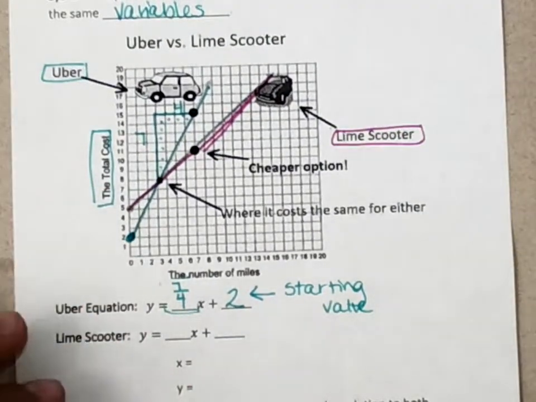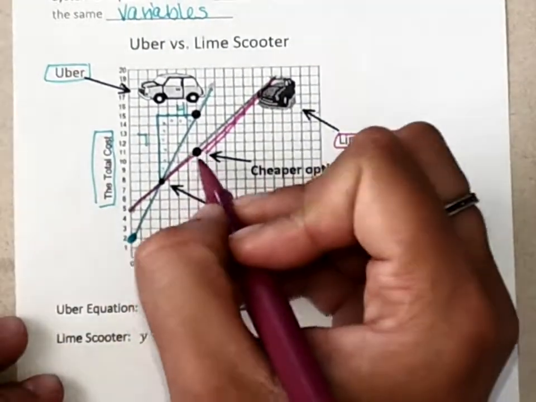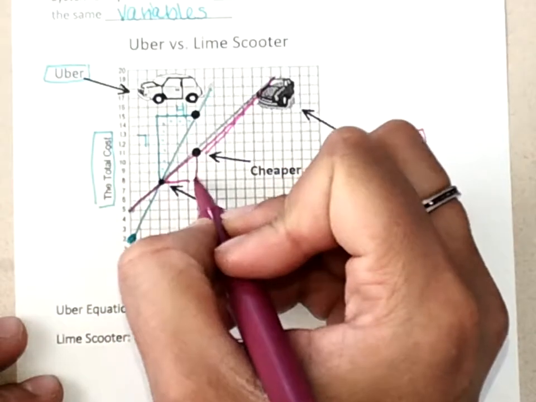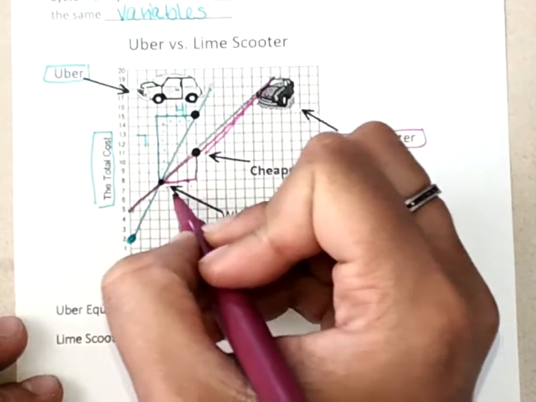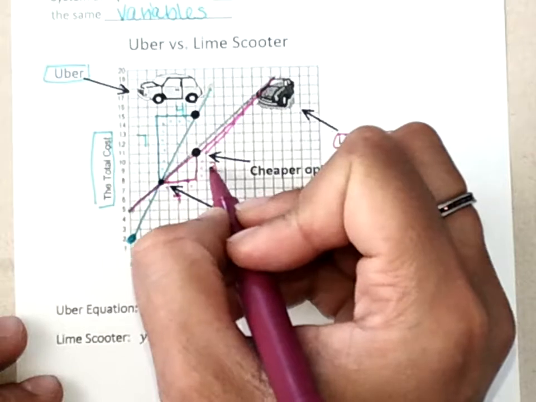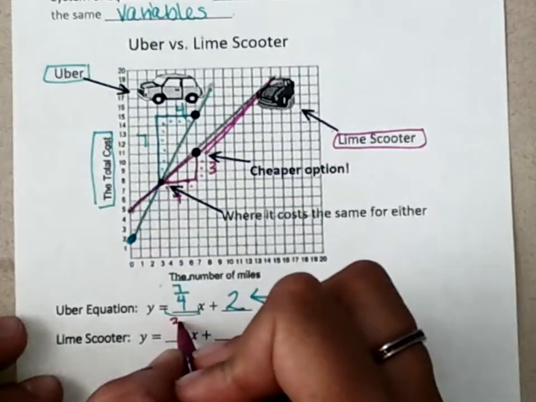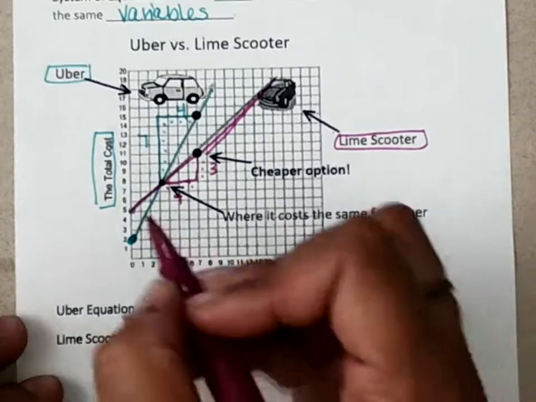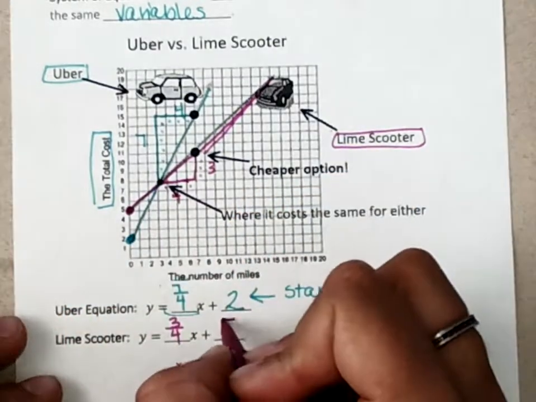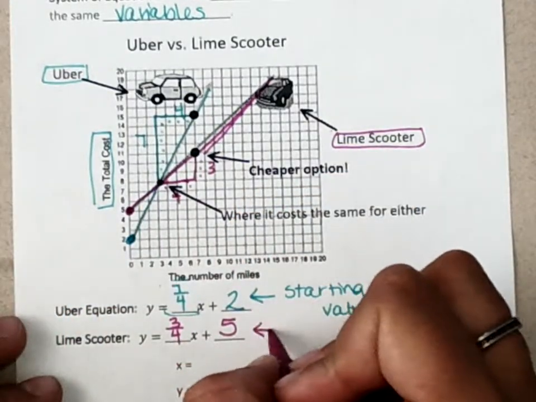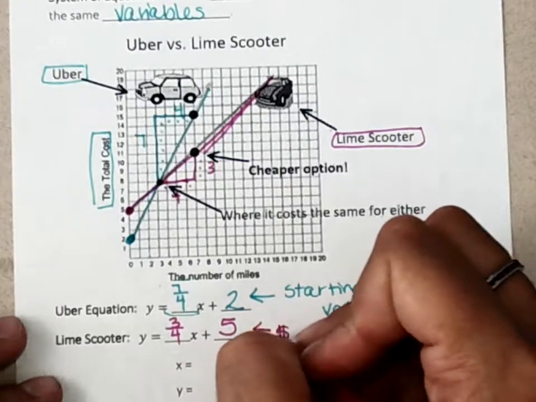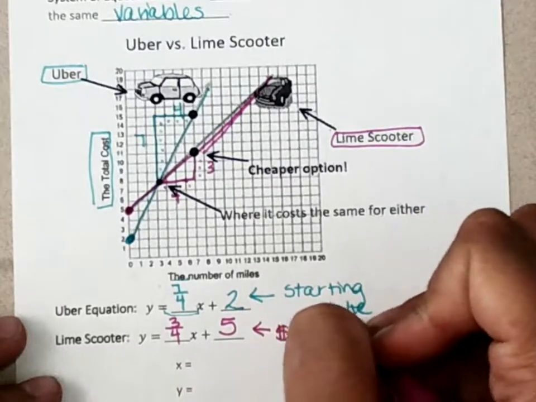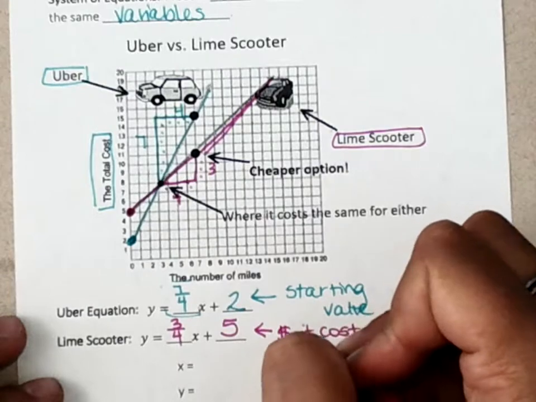For our Lime Scooter, our slope is 4 across and 3 up. And our initial value is 5, meaning how much it costs to get in the car.